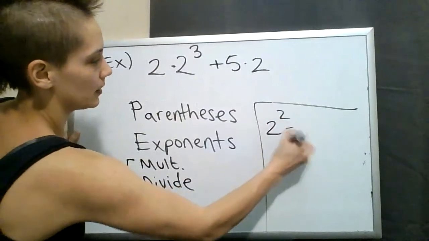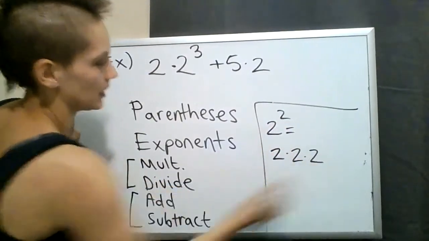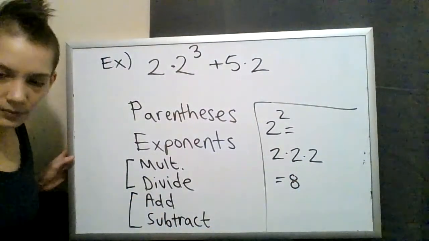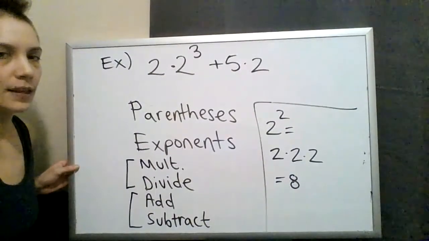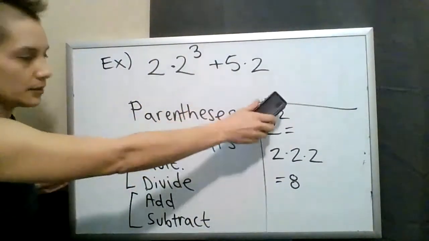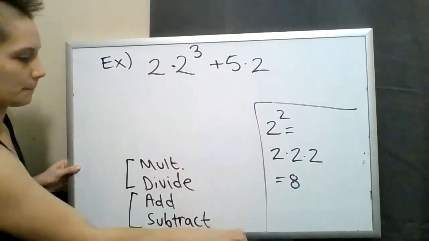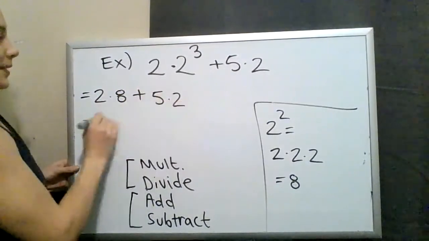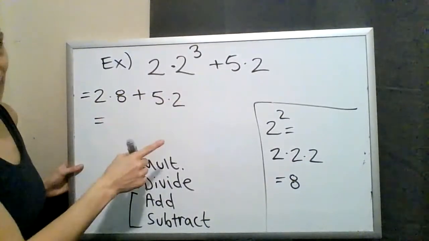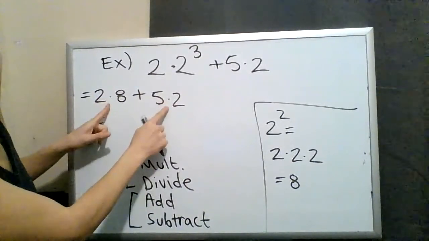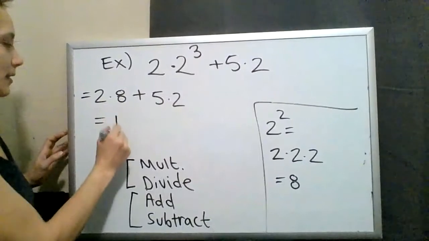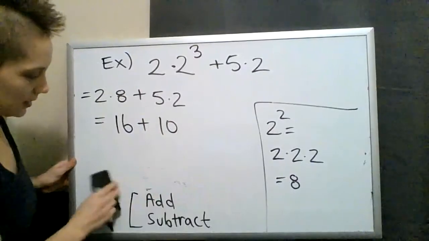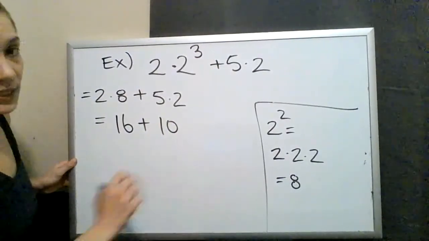Just a reminder, taking 2, multiply with itself 3 times. 2 times 8 plus 5 times 2. We're going to multiply before adding. Here, 8 times 2 is 16, and 5 times 2 is 10. 10 plus 16 is going to give us 26.